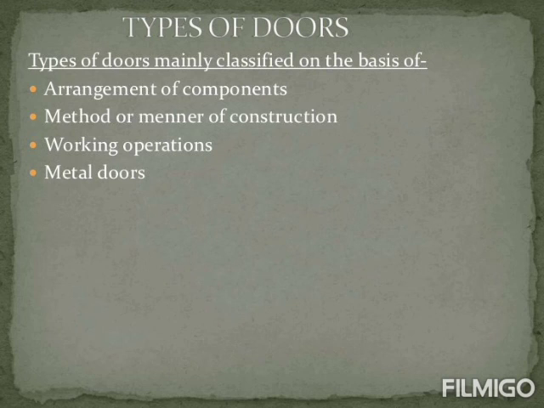Types of doors. So we see here that the doors are mainly classified on the basis of arrangement of components, method or manner of construction, working operations, and metal doors.